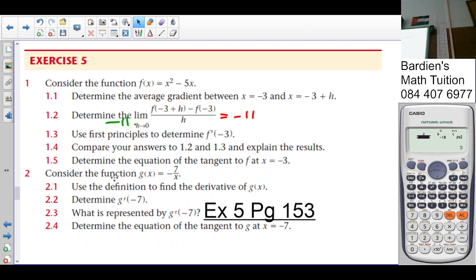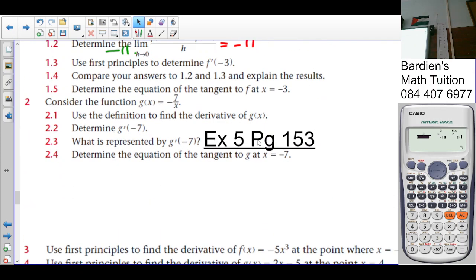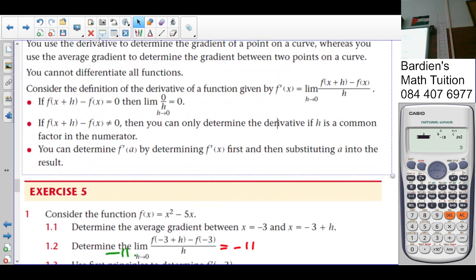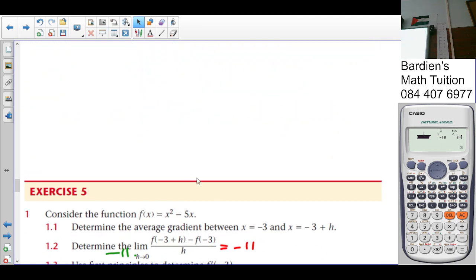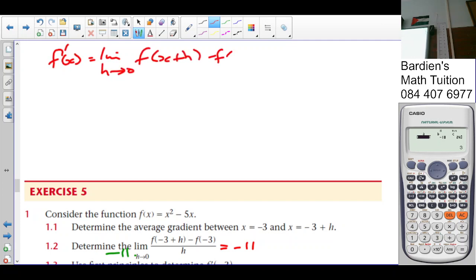if you look at the formula for first principles, it's going to be f prime x equals the limit as h approaches 0 of f of x plus h minus f of x all over h.